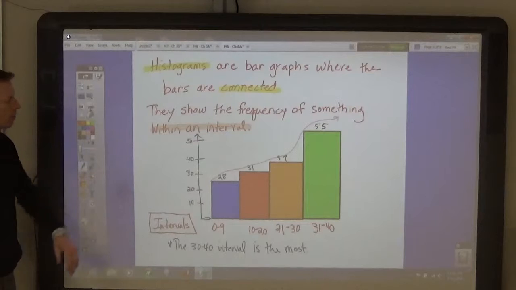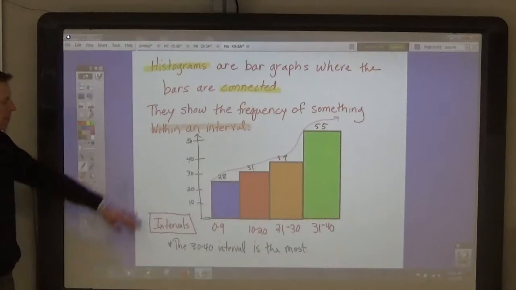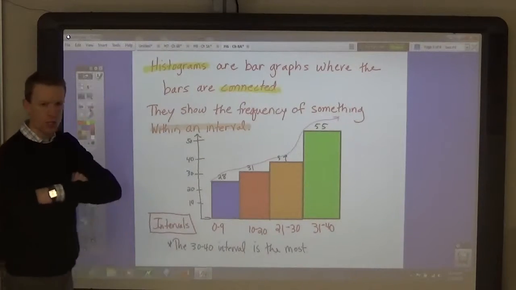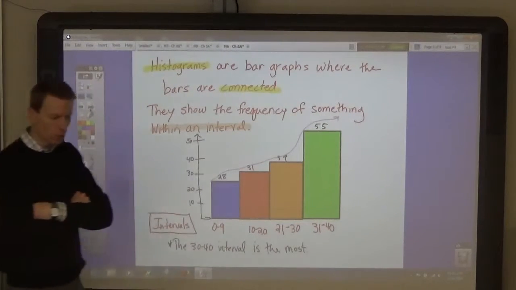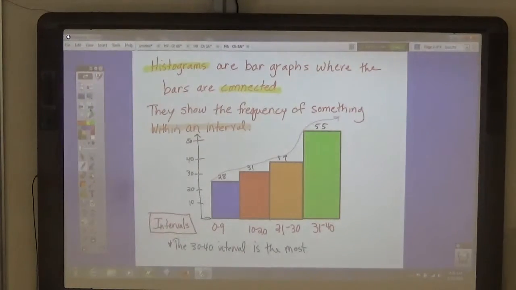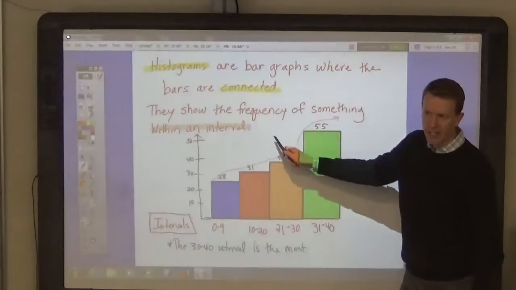This is an example of a histogram. You have to have an example in your notes so that you can tell which type of graph to use. You'll be asked questions about what type of graph should be used to do something. Okay? Histograms are bar graphs where the bars are connected.